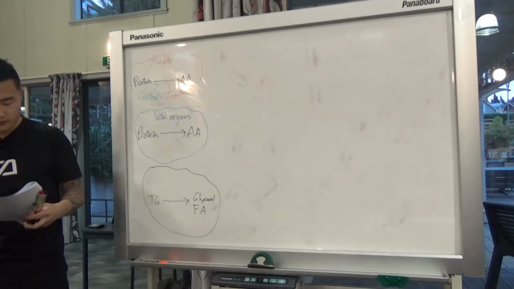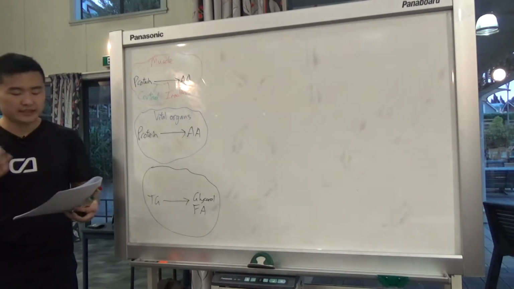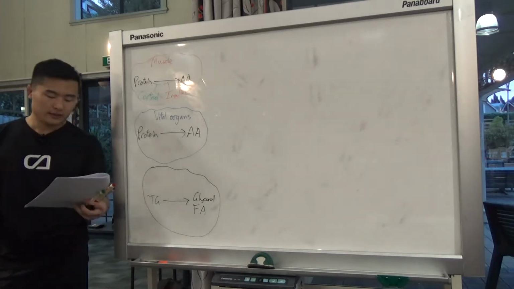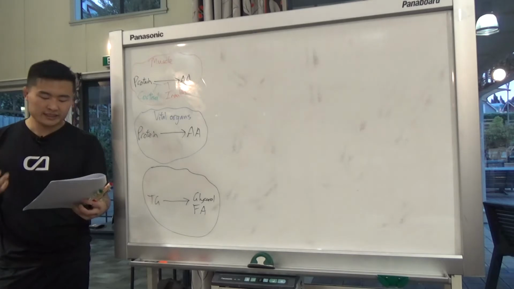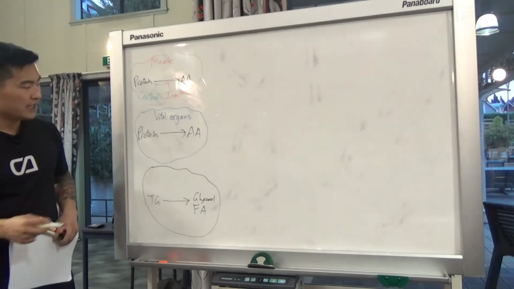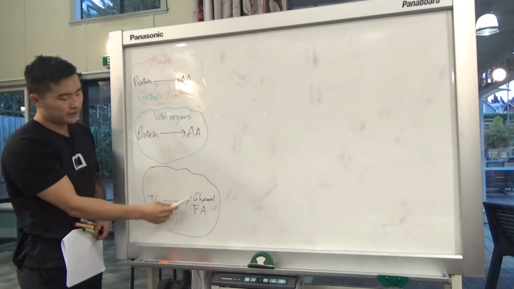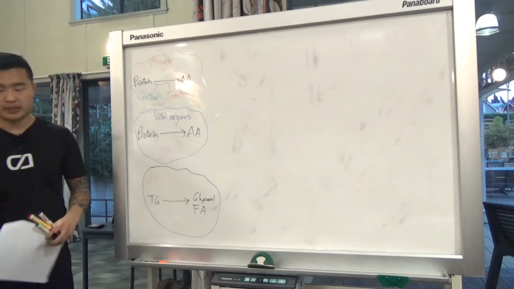So remember that in starvation, insulin will be low, while cortisol and adrenaline and glucagon will be high. So you're going to have a lot of amino acids being produced, and a lot of glycerol and a lot of fatty acids being produced as well.